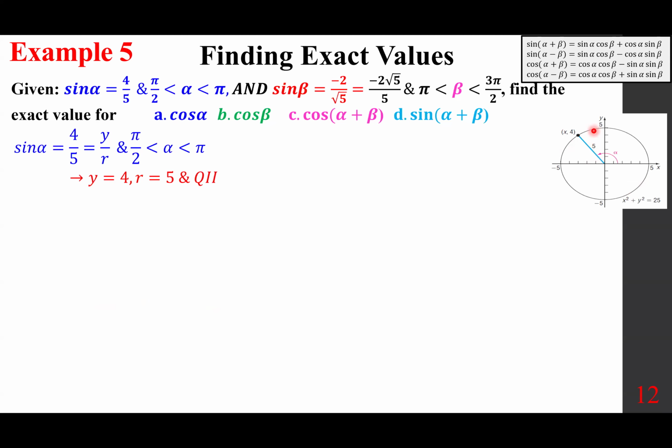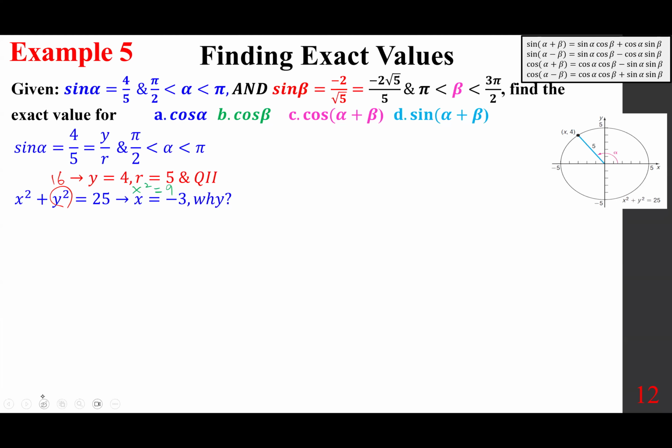X squared plus Y squared is R squared. In other words, X squared plus Y squared is 25. And X becomes negative 3 because, remember, Y squared is 4 squared or 16. So X squared becomes 25 minus 16, which is 9.